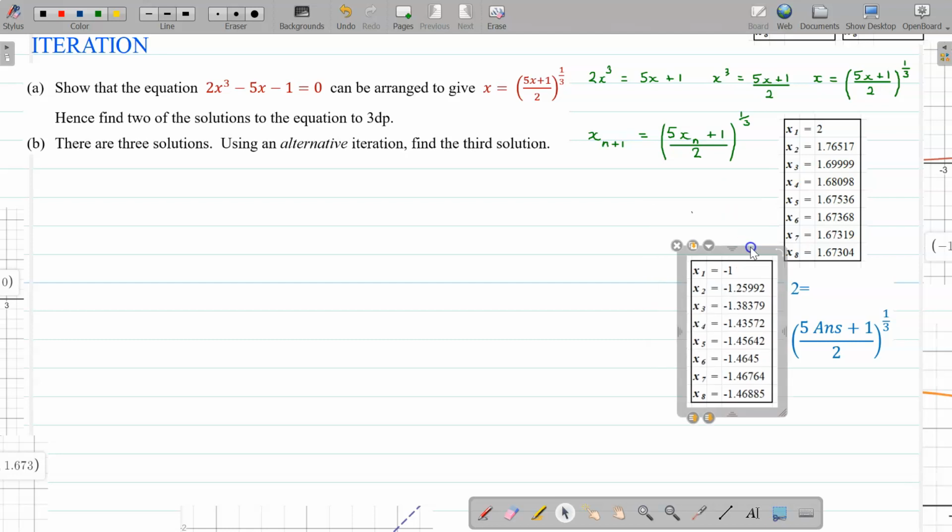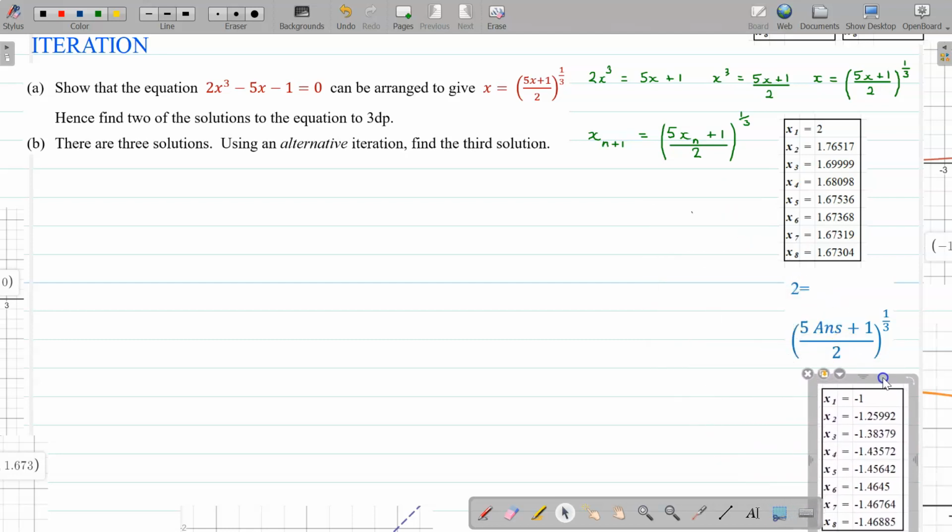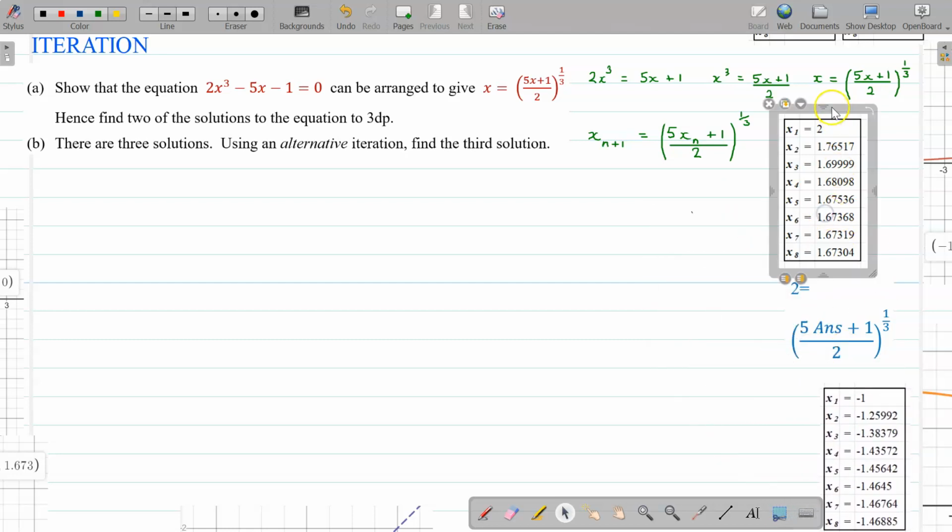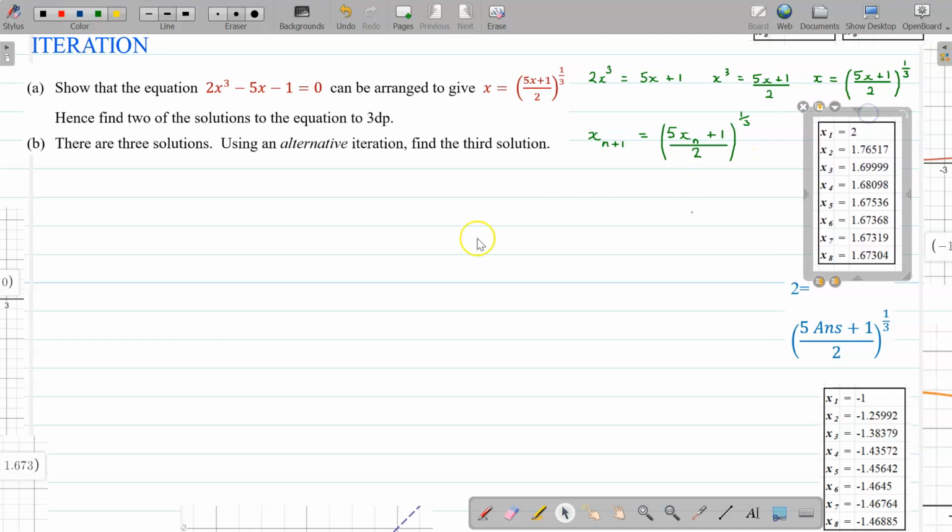Okay, so I'm just going to put these to one side and I'm going to show you how this might now work. Okay, so another iteration might be something like this. So I'm going to start with my original equation, but this time I'm going to take out a factor of x from the first 2 terms.